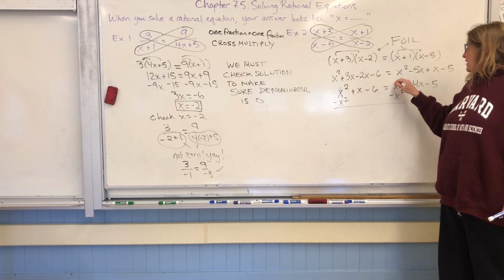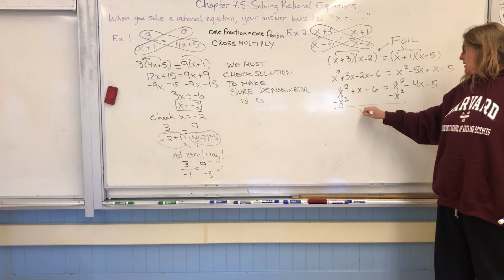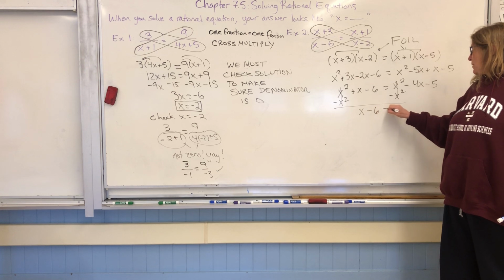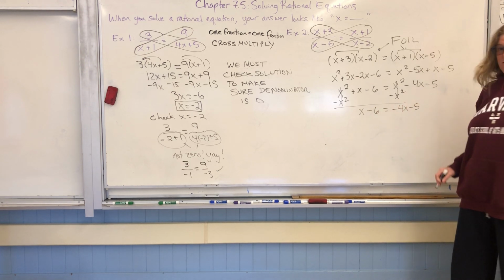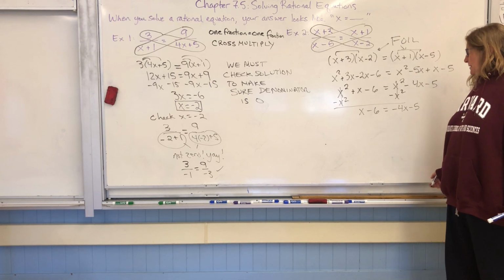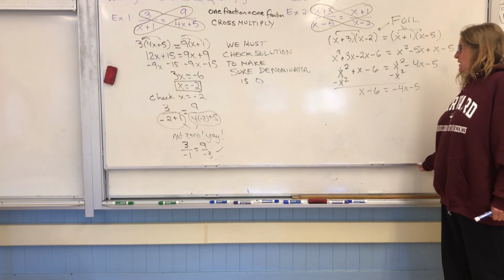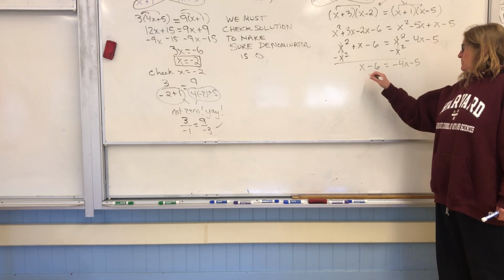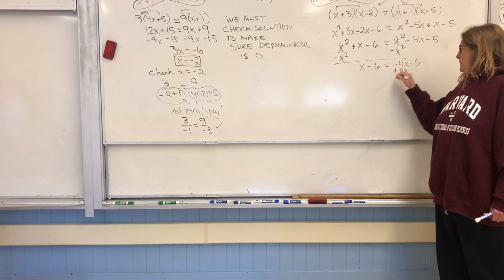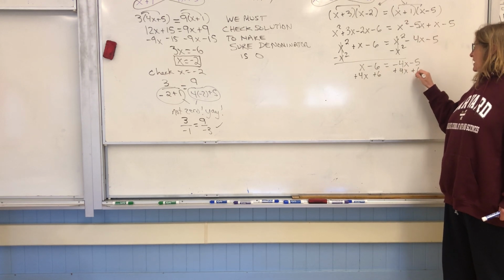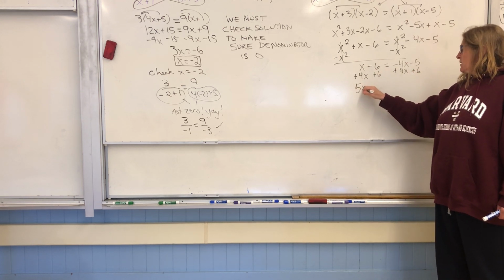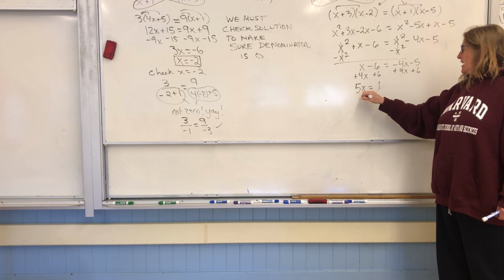So all I have, again, is a simple linear equation. x minus 6 equals negative 4x minus 5. Okay, so that's going to give me, add the 4x, and add the 6. So I get 5x equals 1, and x is 1/5.